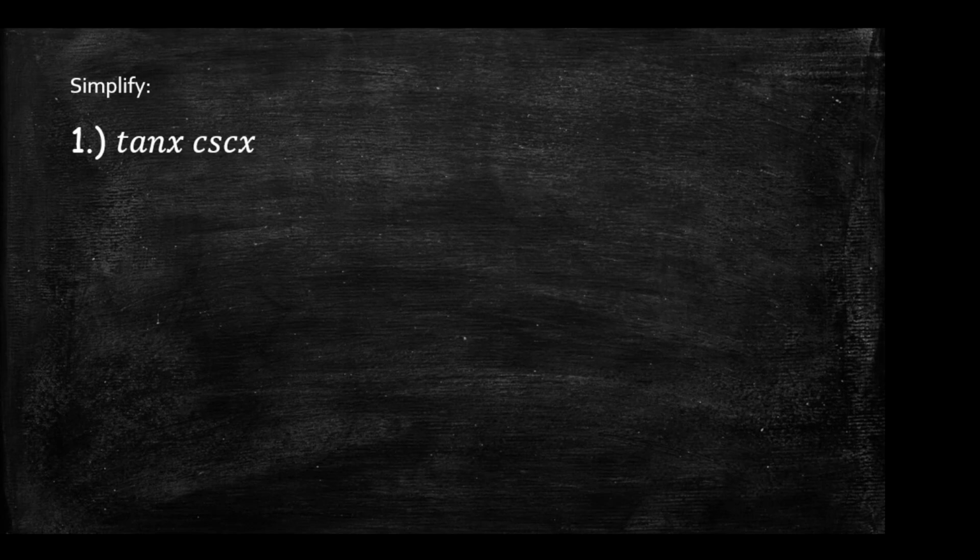So now using these Pythagorean identities, I can use them to simplify a number of different equations. Let's just start with tangent x times cosecant x.